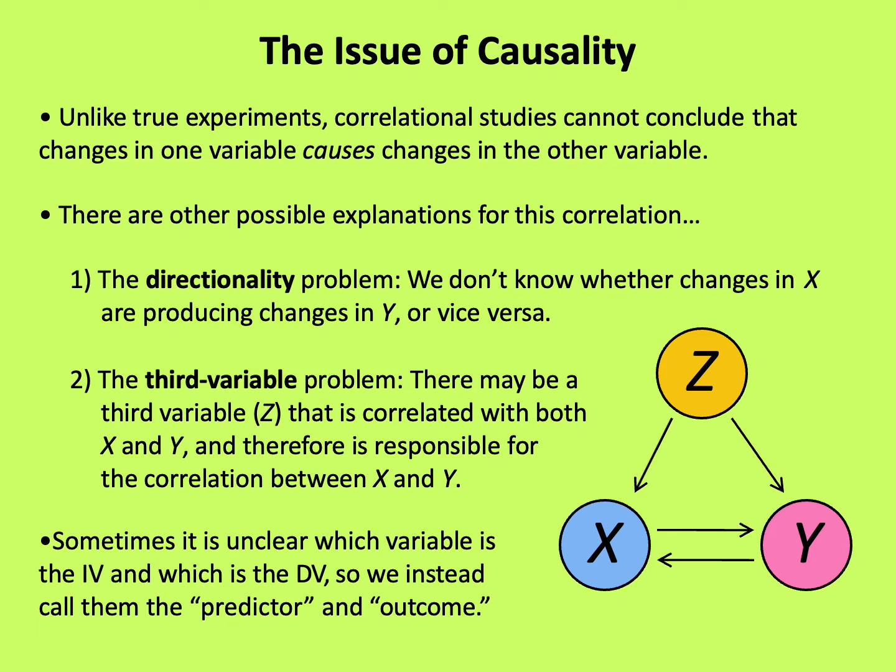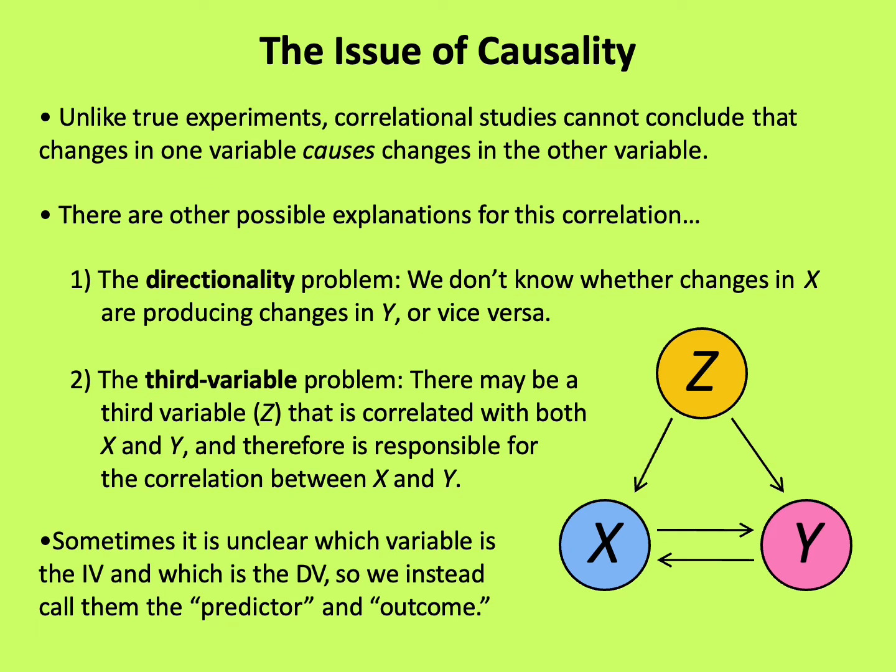So maybe it's possible that negative evaluation causes low mood and issues with emotional regulation and so forth, right? So we don't know if depression causes low self-esteem or chronically low self-esteem causes symptoms of depression, right? So that's the directionality problem.